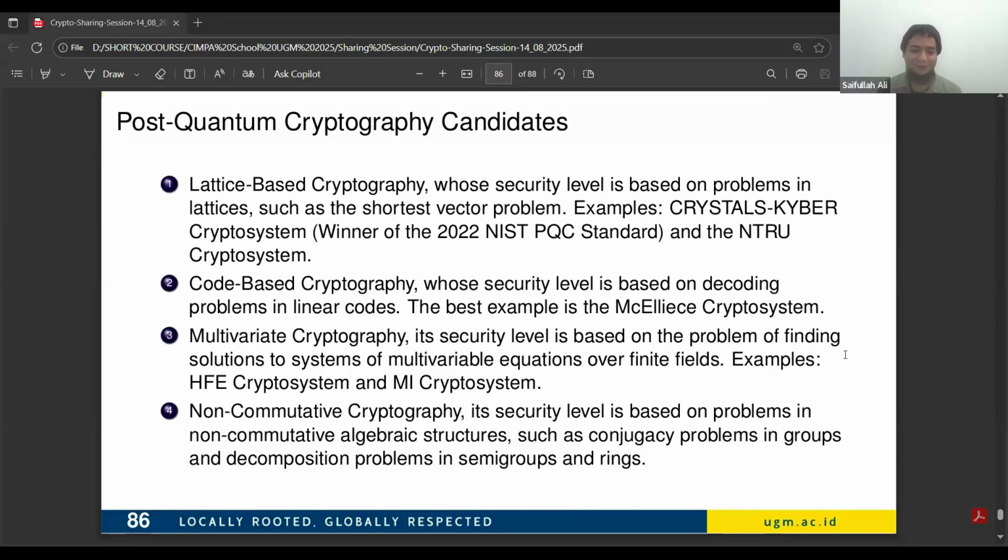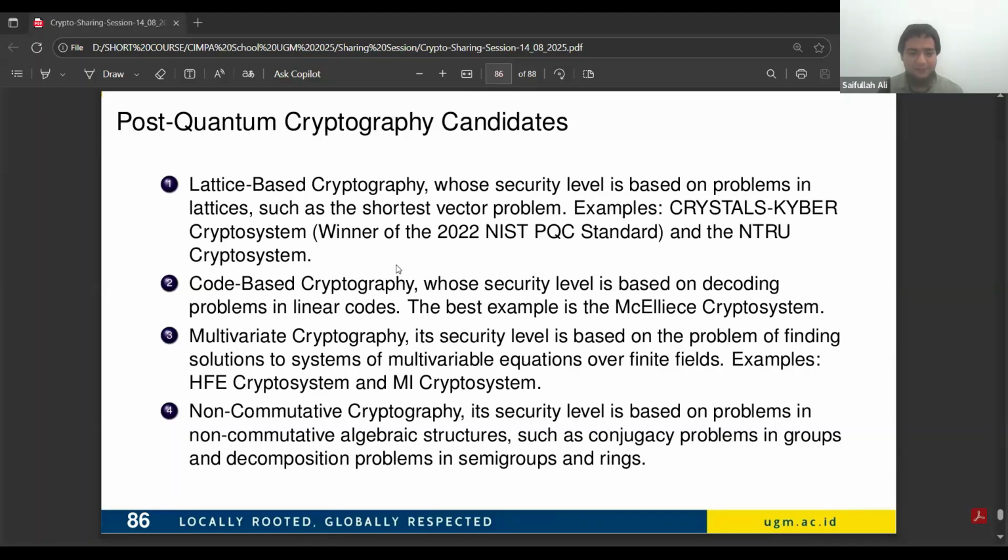I just want to know, for your work today, which one do you work on? I work on code-based cryptography. Maybe last year you said that you tried to learn about isogeny-based cryptography. No, no, it's so hard for me. Yeah, I changed.